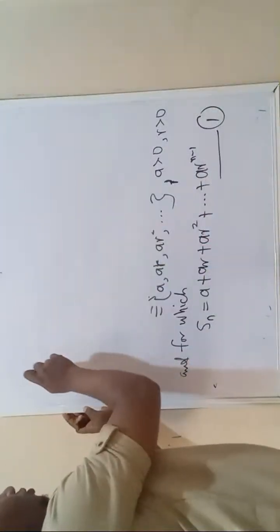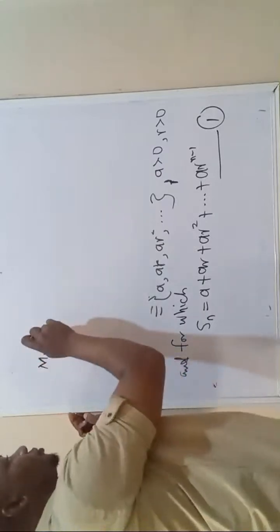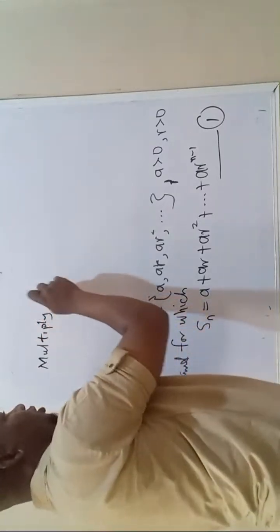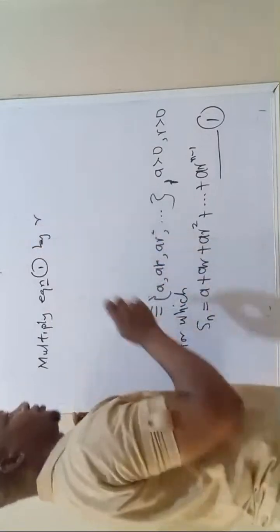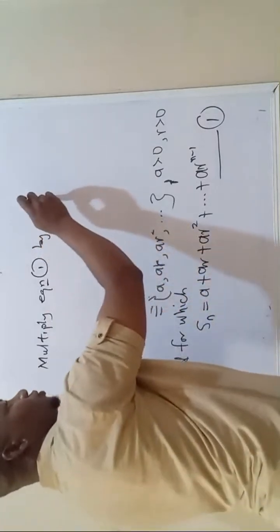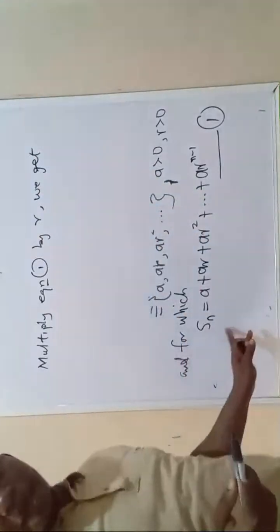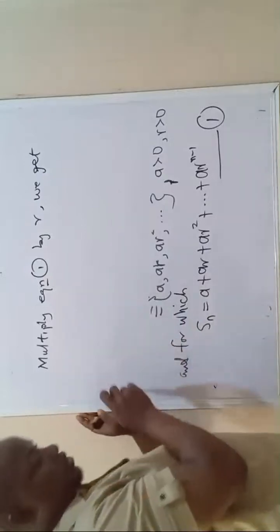So multiply equation 1 by r. If you multiply this equation 1 by r, what we get is this.